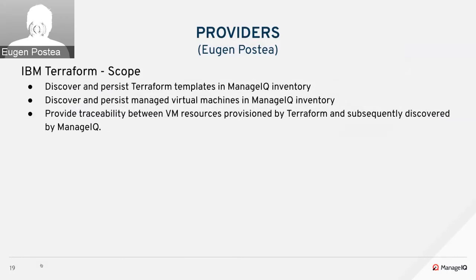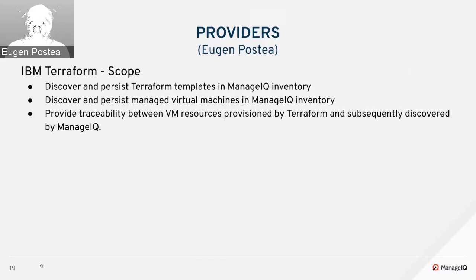So the scope for this IBM Terraform provider initially was to discover and persist a couple of artifacts from the IBM Terraform service into ManageIQ inventory. These artifacts are the Terraform templates, and also the managed virtual machines.